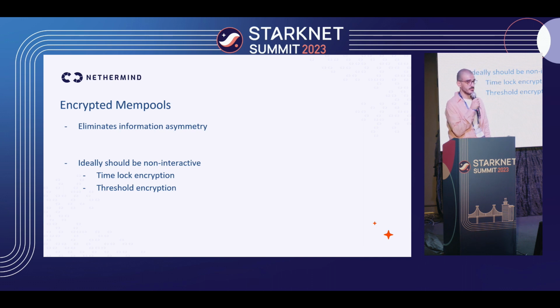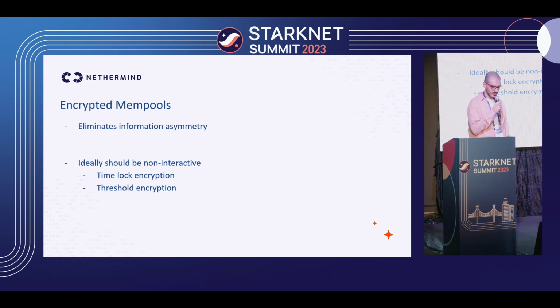Another encryption scheme that could be useful is threshold encryption. In an M of n threshold encryption, M participants out of n should collaborate to be able to decrypt the message. The participants, in this case, are the block proposers and, for Starknet, the sequencers, and we assume that the majority of the block producers won't be colluding to decrypt the transaction before the ordering is finalized.